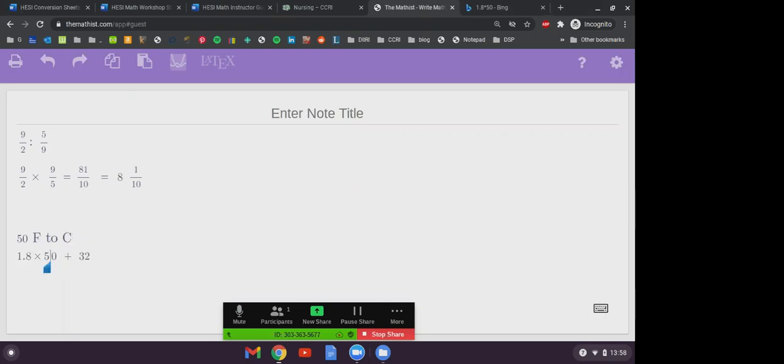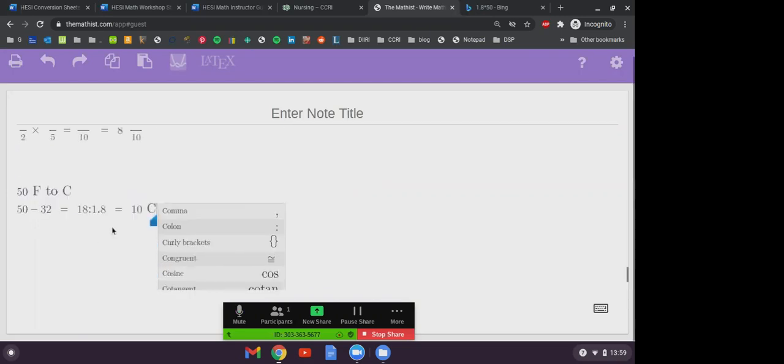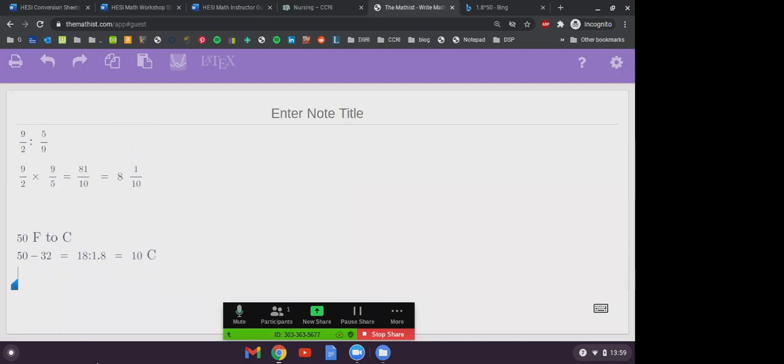Okay, so it's going to be 50 minus 32, which is 18, divided by 1.8, which would be 10. Okay. So again, if you have Fahrenheit to go to Celsius, you're going to subtract 32, divide by 1.8.